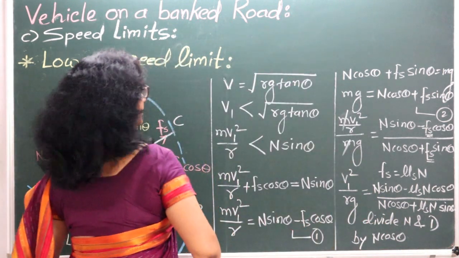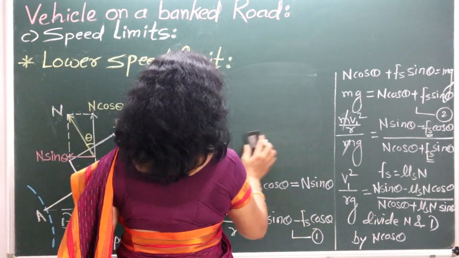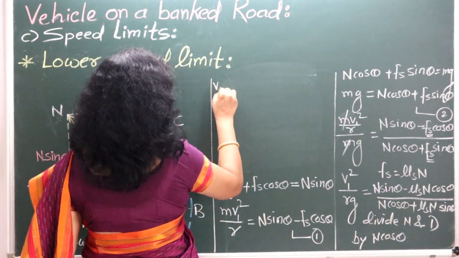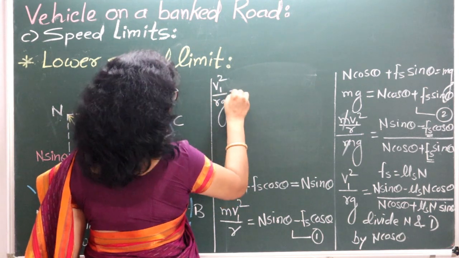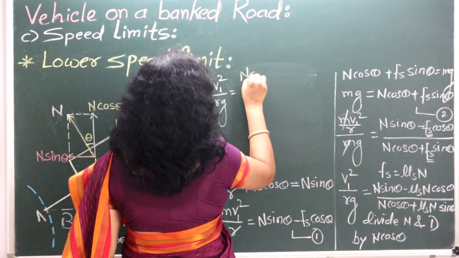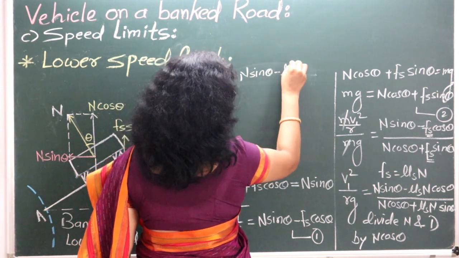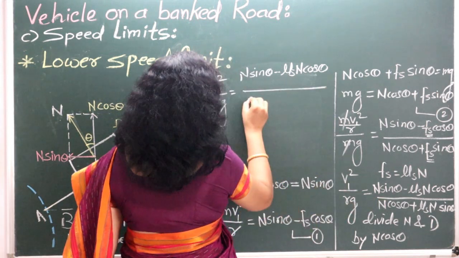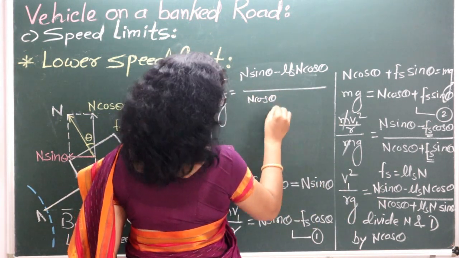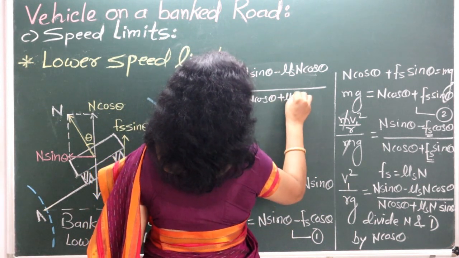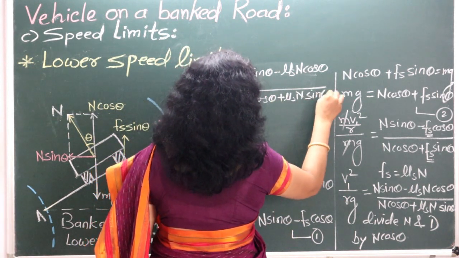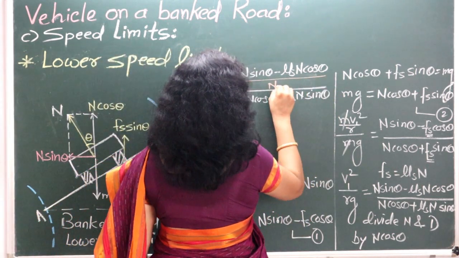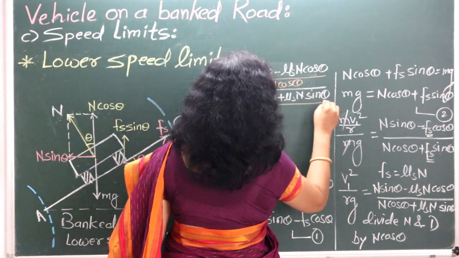We get v1 square upon rg equals n sin theta minus mu s into n cos of theta, divided by n cos theta, plus mu s n into sine of theta, divided by n cos theta.